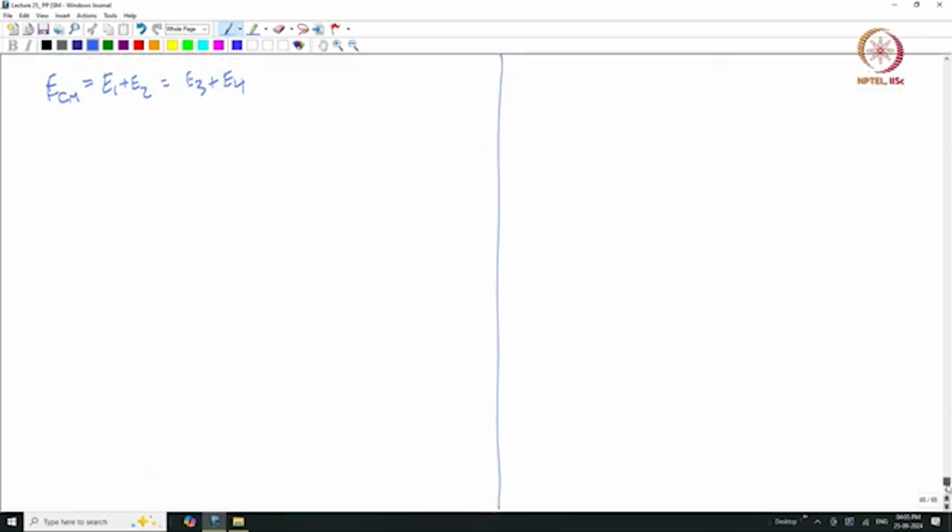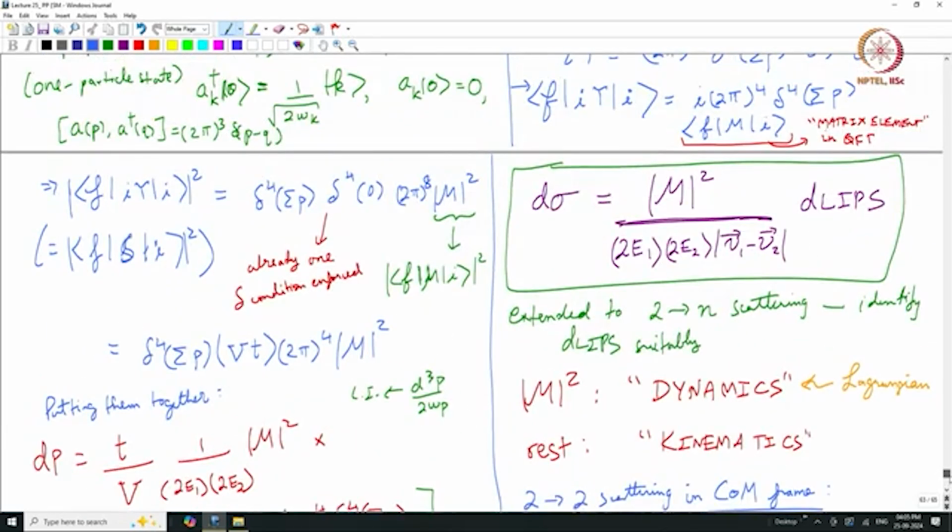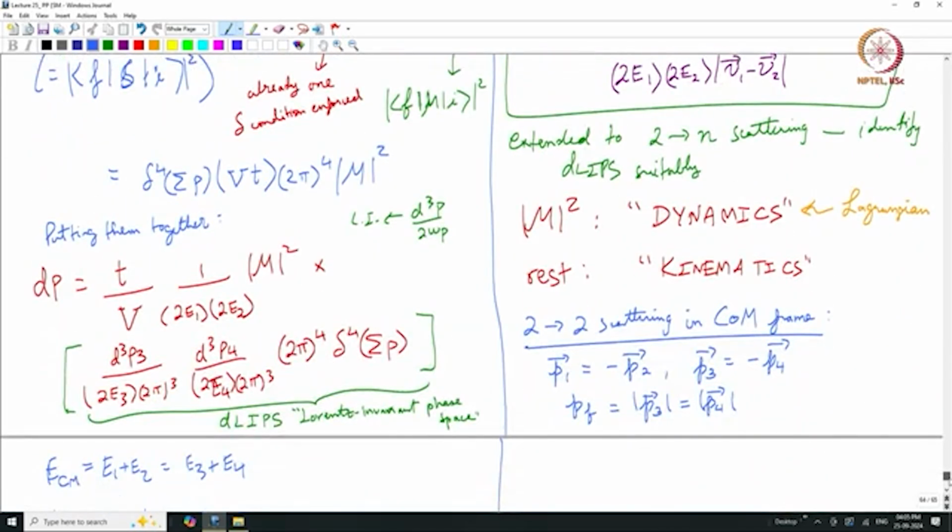Now in particular, I can now write out what this Lorentz invariant phase space should be. Look at the expression down here for d ellipse. I have an integral over momenta, right, with a delta function, and then I have all these factors of 2 pi cubed in the denominator, right.